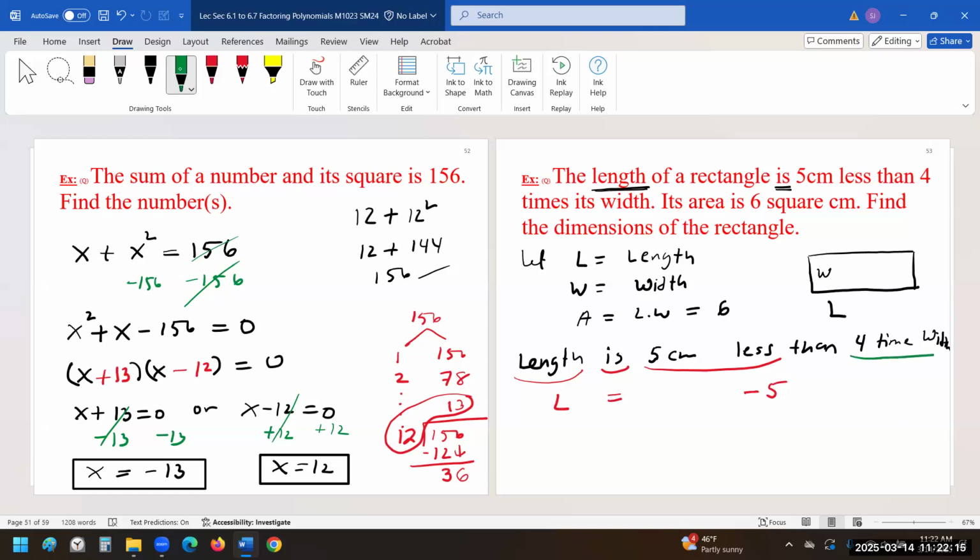And then 4 times the width. How do you write 4 times the width? What symbol do we use for width? W. And 4 times width means what? 4W. Length is 5 centimeter less than 4 times width. Cool, right? You express every word in the sentence into some mathematical notation.